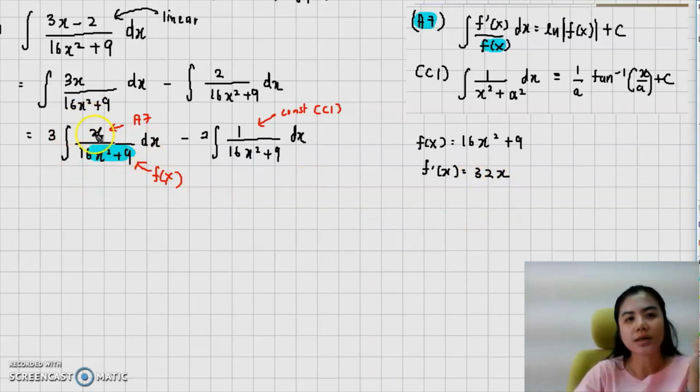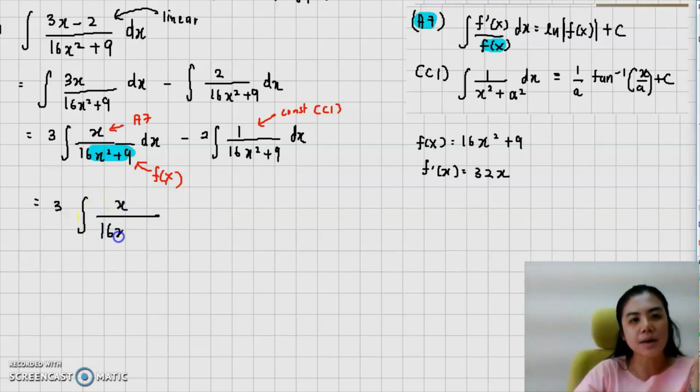If you look at the top, you want to have f prime at the top, so we need another value that is 32. So you add a 32 such that you have an f prime on the top. Just rewrite everything back.